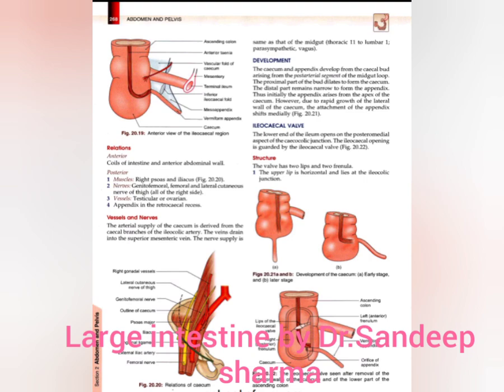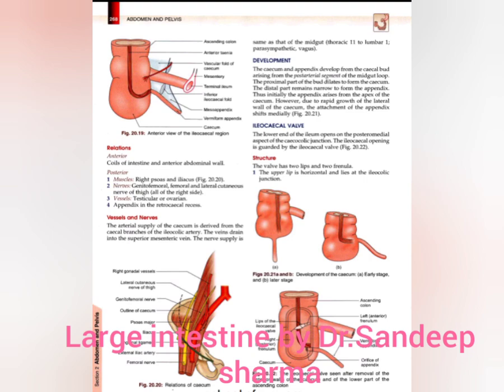Now the ileocecal valve. The ileocecal junction opens through a valve which is called the ileocecal valve. At the junction of the small intestine and large intestine, there is a valve called the ileocecal valve.